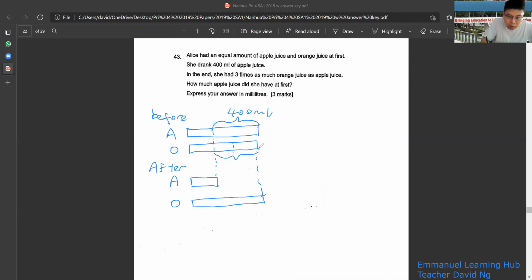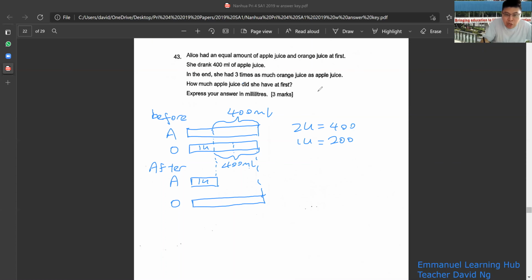So from here, you can tell that your 2 units is 400. 1 unit is how many? 400 divided by 2 is 200.